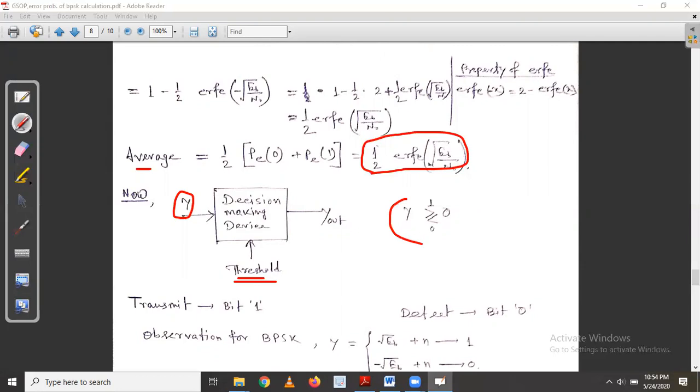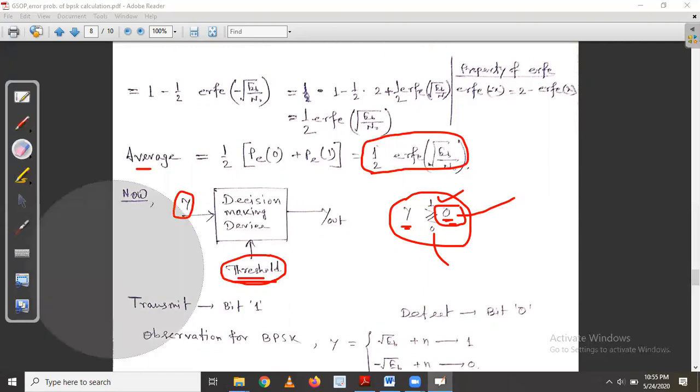That is mentioned here. That if observation is greater than 0, then 1 will be at the output. If observation is less than 0, then 0 will be at the output. That means this 0 in the square box I have shown, this 0 is the threshold value, threshold 0.